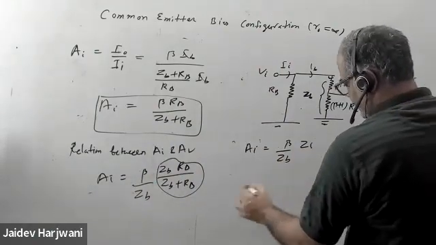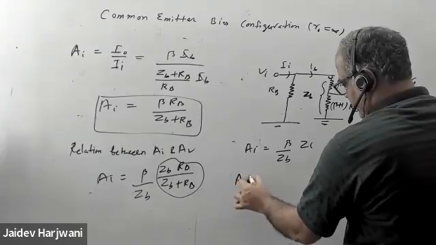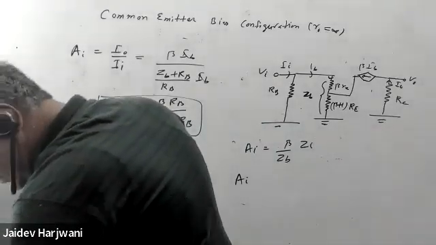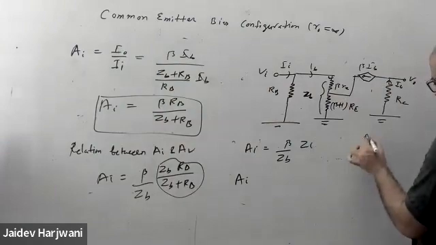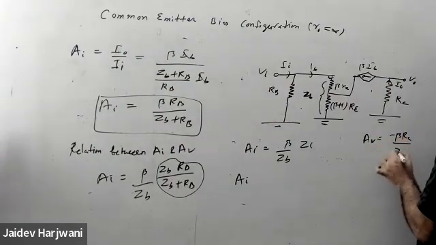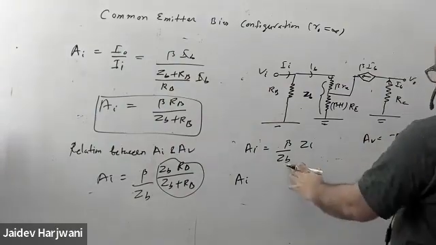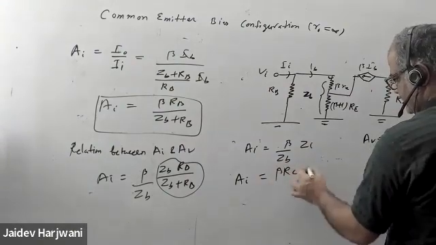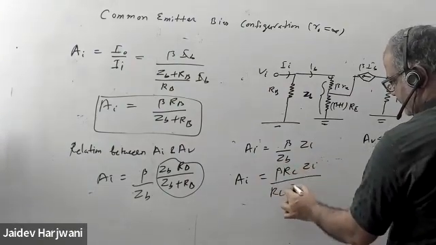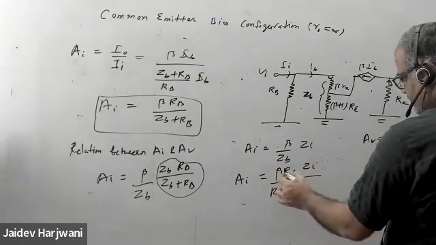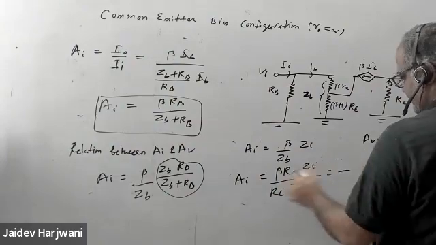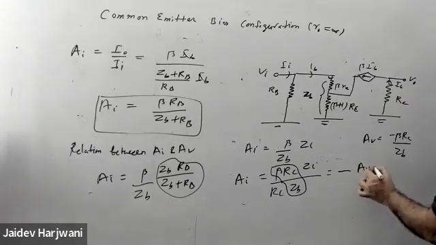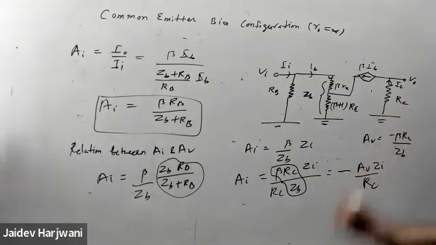Now I want to bring AV here again. So AV is what? Just now we have seen the formula for AV: minus beta RC upon ZB. Now ZB is there, beta is there. You multiply by RC and ZI, divided by RC and ZI. So this becomes AI equal to minus AV ZI upon RC. Okay.